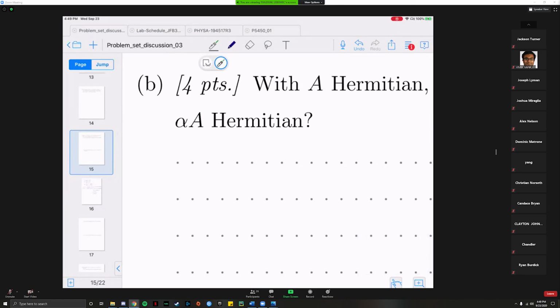So for this to be correct, for alpha A to be Hermitian, you need to have the Hermitian conjugate of alpha A equal alpha A, right? Yep.